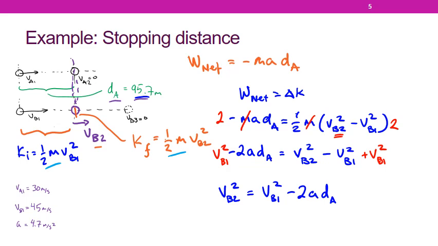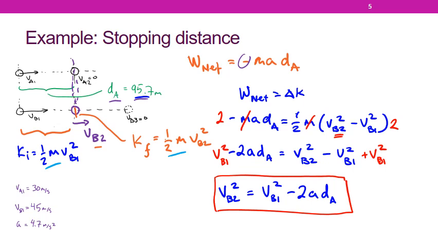Now, that's the same equation we got from the kinematic equations, but we did so without having to set up a whole bunch of distances and worry about a bunch of vectors and other things. The only thing we had to worry about as far as direction was, once again, that our force and our displacement were in opposite directions. And so it made this calculation very, very easy.